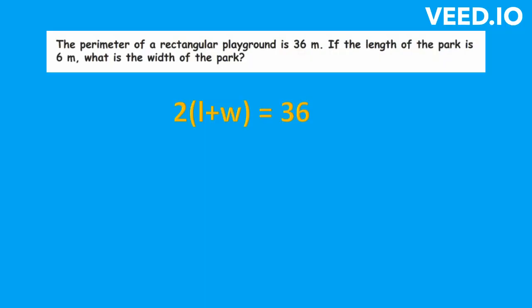We have one question here where the perimeter of the rectangle is given. Perimeter is 2 times (length plus width). This is given as 36 and length is given as 16. So let's substitute that value in there.